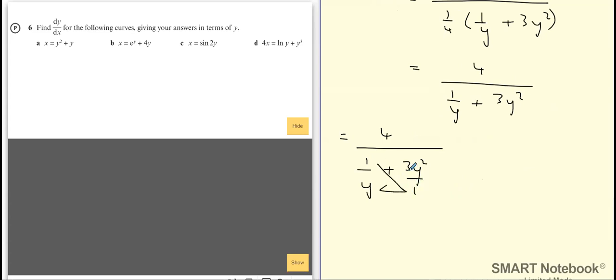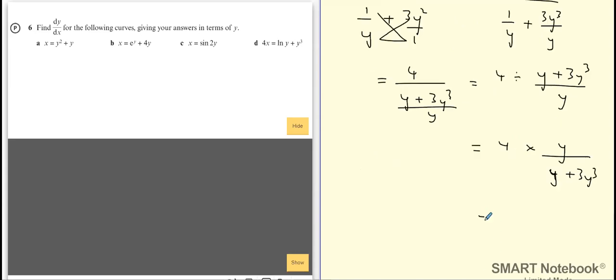So if I cross multiply, I'm going to get 4 over 1 over y plus 3y cubed over y, which is the same as saying 4 over y plus 3y cubed over y, which is the same as saying 4 divided by y plus 3y cubed over y.